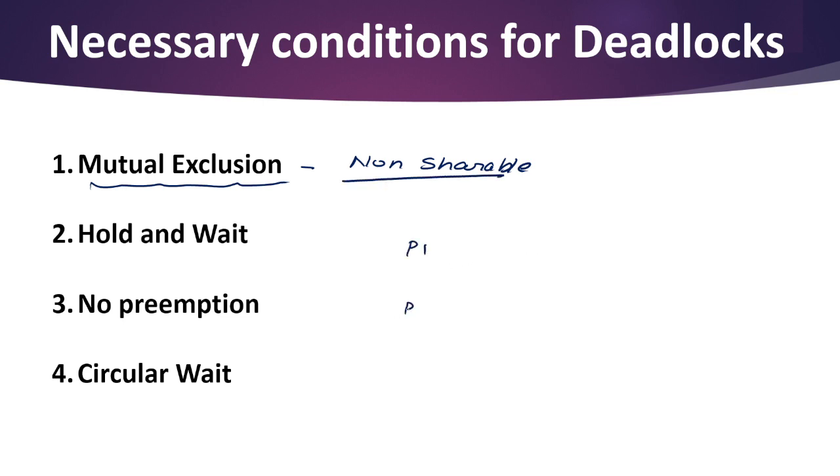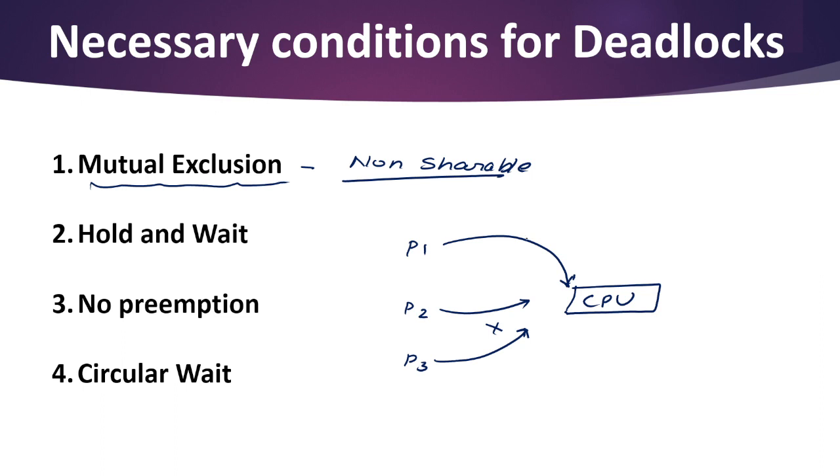Let's take an example. We have again three processes and a common resource, CPU. Only one process at a time can use a resource. Processes P2 and P3 are not allowed to use the CPU at the same time when P1 is using it. That is called mutual exclusion.